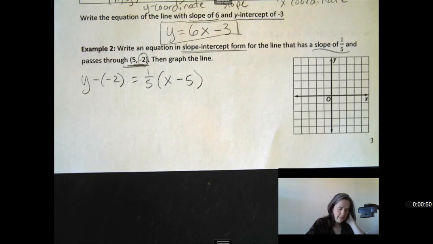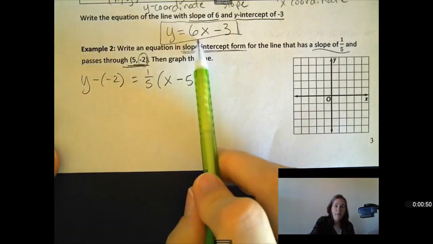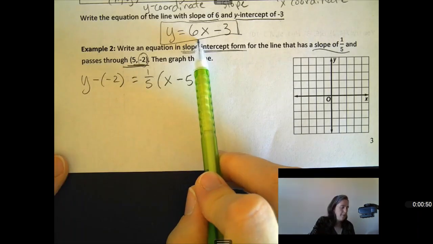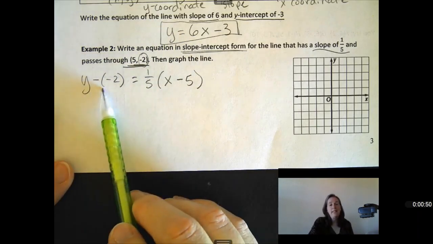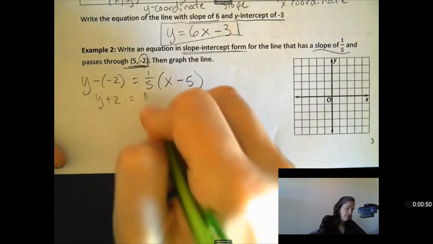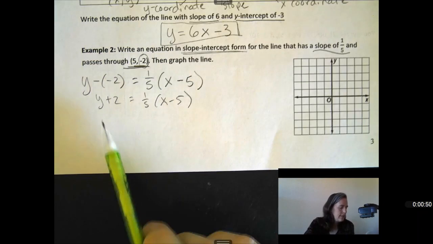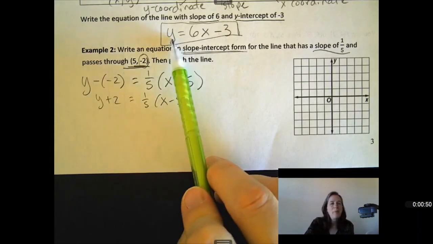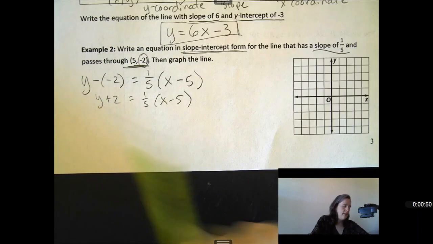All right, that looks really good. We want to simplify it so that we can make it look like this kind of equation, a y equals mx plus b. So let's start on this side. Y minus -2 is really y plus 2. All right, and then notice in slope-intercept form, y is all by itself. So we need to get this 2 moved to the other side.